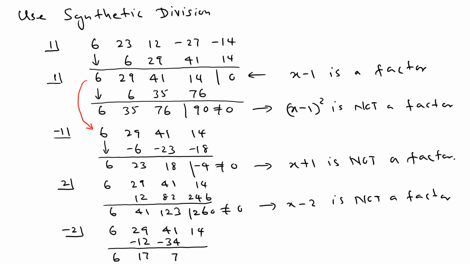When you add, you get 7. When you multiply by -2, you get -14, so you can see it worked. So it's 0. That means x plus 2 is a factor. So that's good enough because we only need 2 factors. We already know x minus 1 is a factor. Now we know x plus 2 is a factor. So that means the other term is 6x squared plus 17x plus 7.